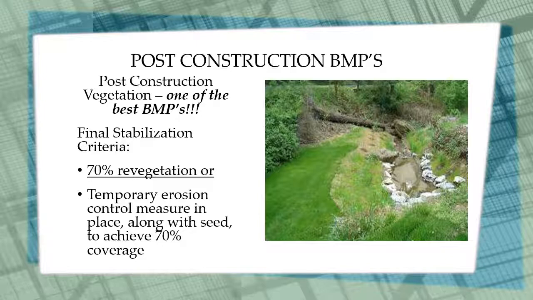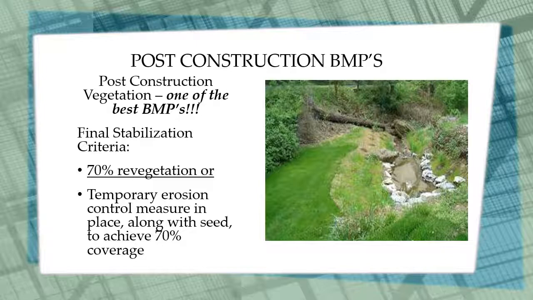Encourage them to seed or sod any of the areas that have been final graded. Once you get to the end of the project, make sure that they understand that 70% revegetation requirement.